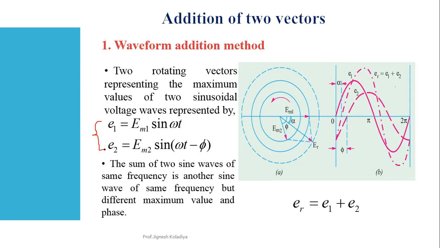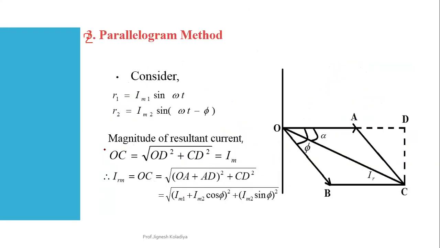If we have multiple waveforms, 4, 5, 6, 7, then this method will be tedious, right? So in that case, we must have an alternative, and for that we have method number 2, that is known as parallelogram method. Okay.